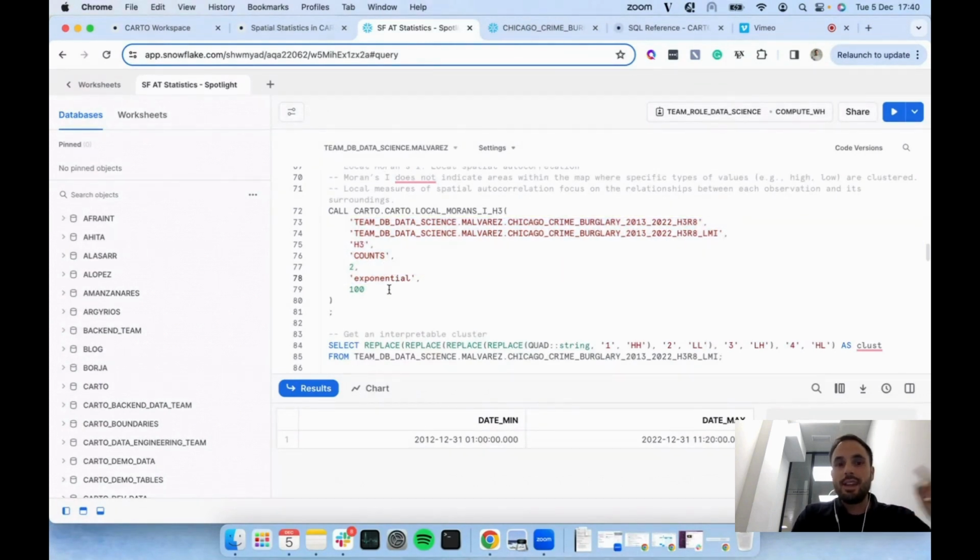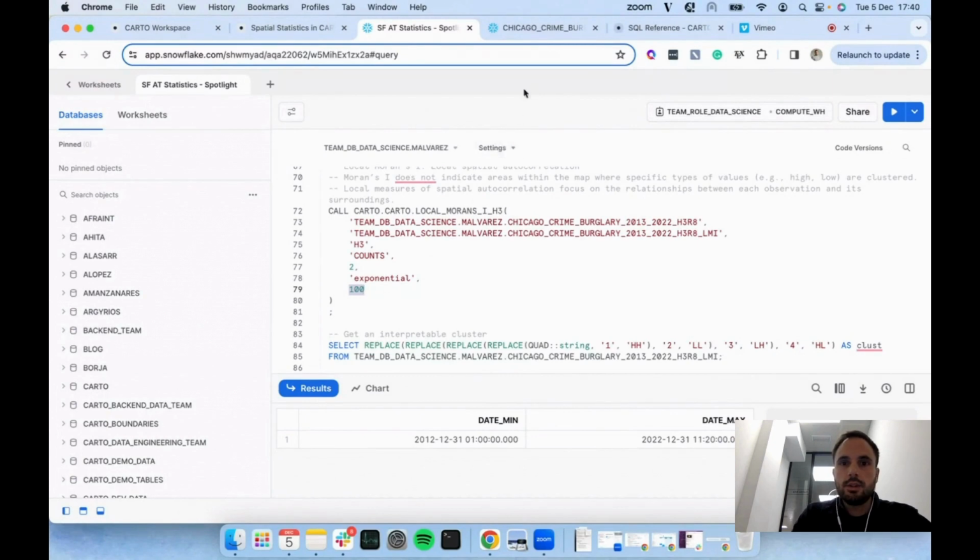In this case, we have an extra parameter, which is the number of simulations, because in order to determine if one location is an outlier or not, we compute some simulations in order to see how far away this is from what would be expected from a random sample, which again, don't worry about this. This just means that we need to run some simulations here.